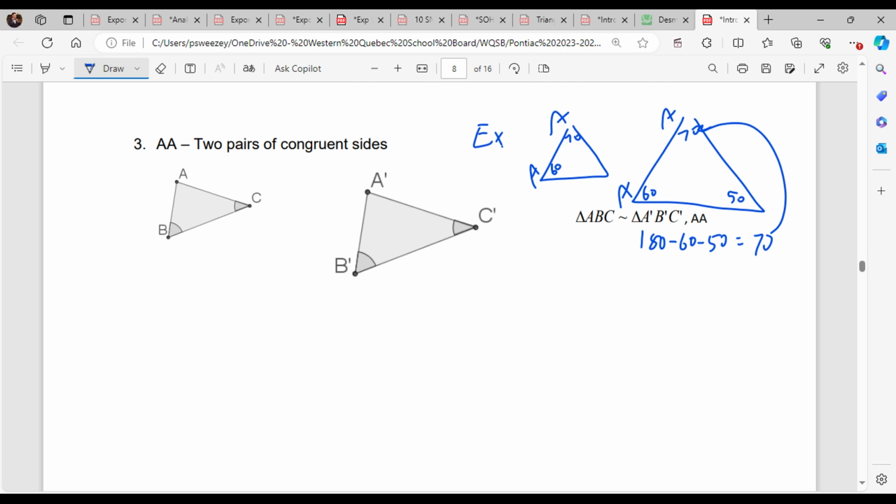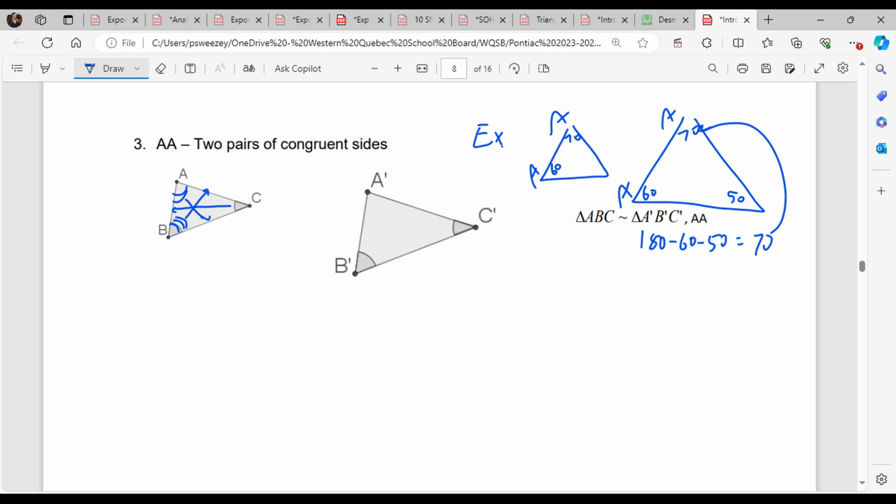Because think about it, if I have 2, I have 3. If I have 2 that are the same, I have 3 that are the same, because if I know 2, I can get the other one. If I have knowledge of all 3 angles, then I know everything I need to know about that side and that side.